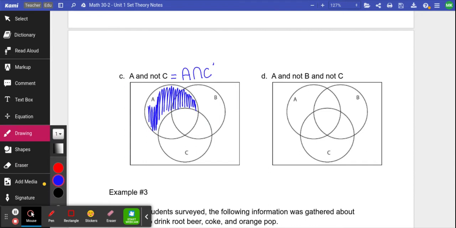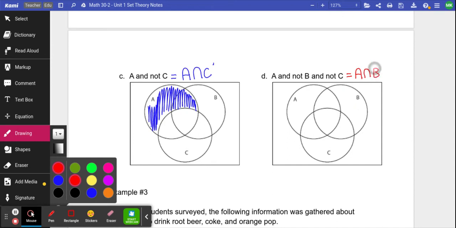D. A and not B and not C. So, if you were to write this out, you're in A and not in B, so that's an apostrophe, and not in C. So now we're a little bit more specific.